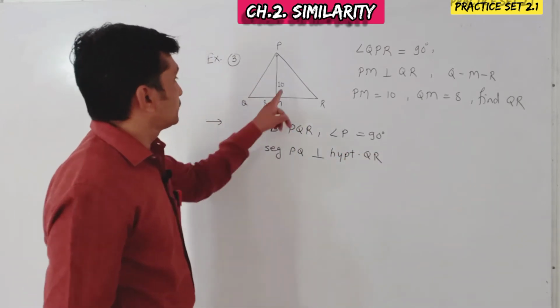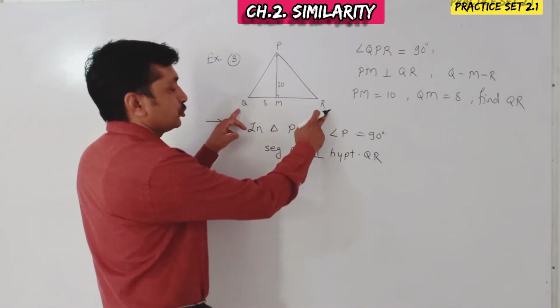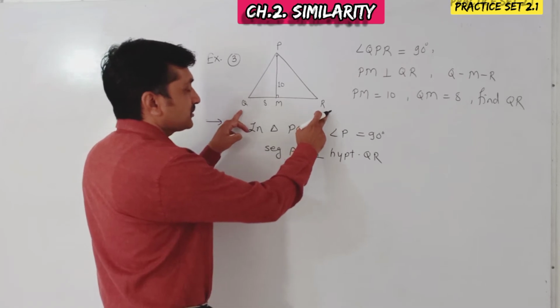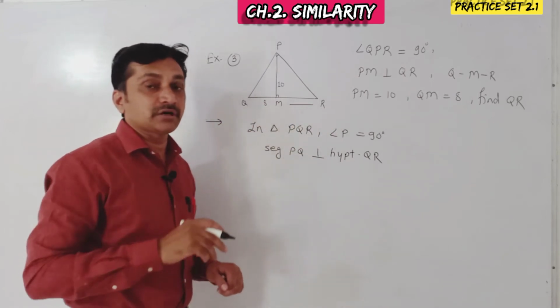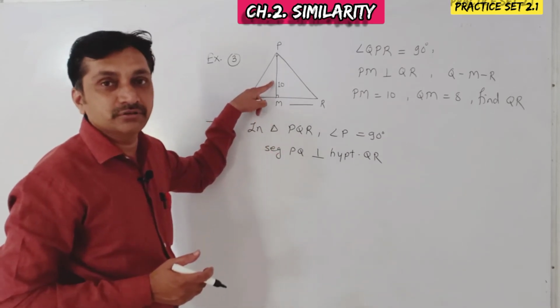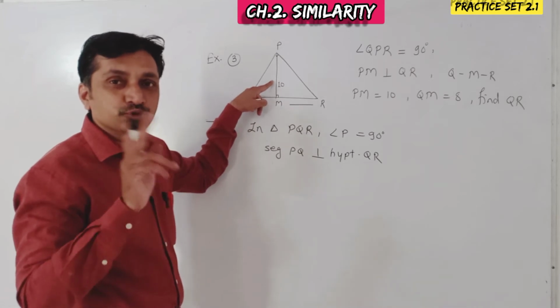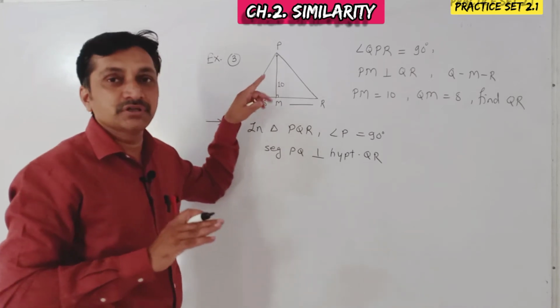PM is 10, QM is 8, we want QR. QR means this whole side, but we don't get QR directly. First we get MR. How do we get MR? Here you see PM, the altitude, is given 10. If the altitude is given, or that is to be found, we have to use the geometric mean property. Therefore we will use here first the geometric mean property.